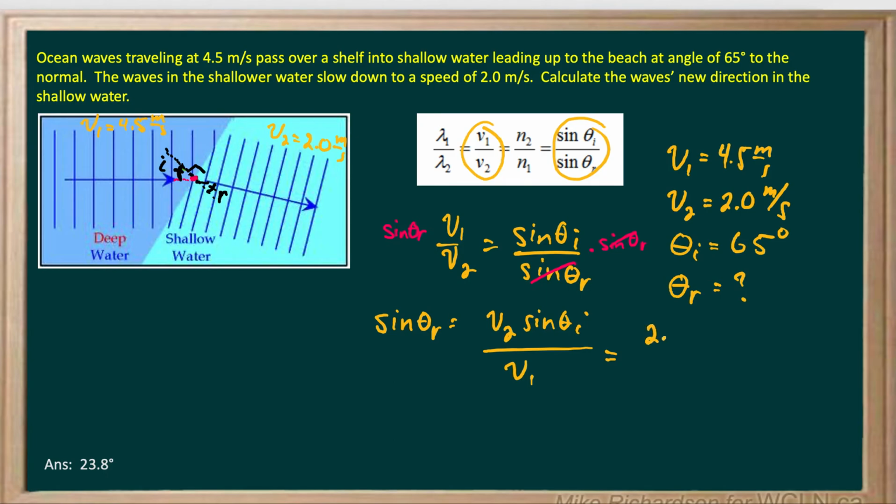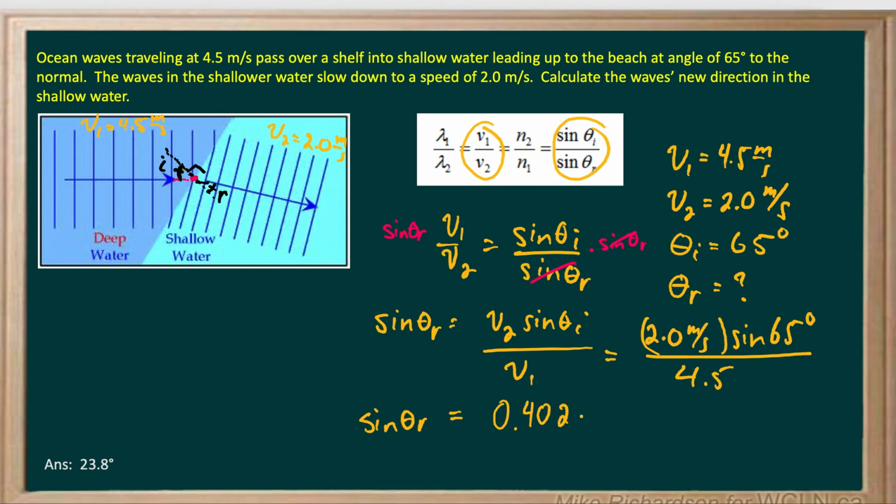So that's 2.0 times sine of 65 degrees. Make sure your calculator's in degree mode. All over 4.5. And when I want to find the angle, I have to do sine inverse. So let's get a number first. So when I go 2 times sine 65 and divide it by 4.5, I get 0.4028.